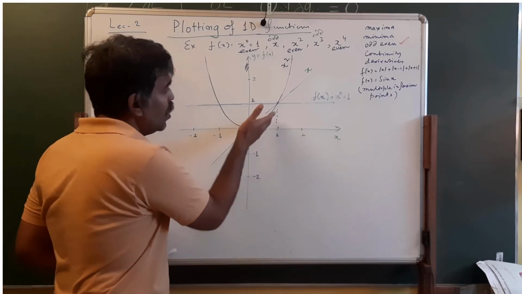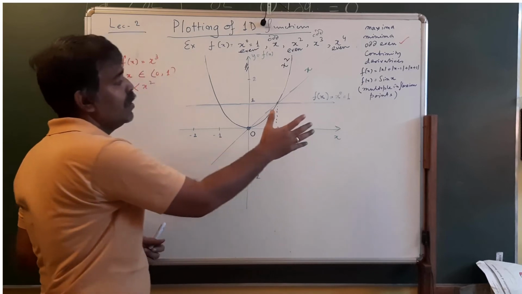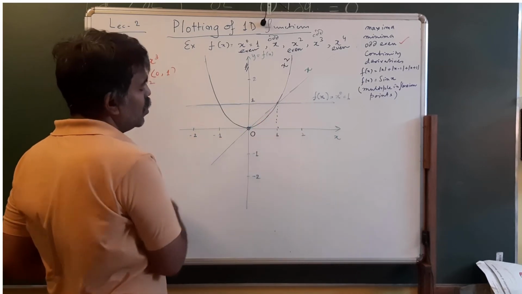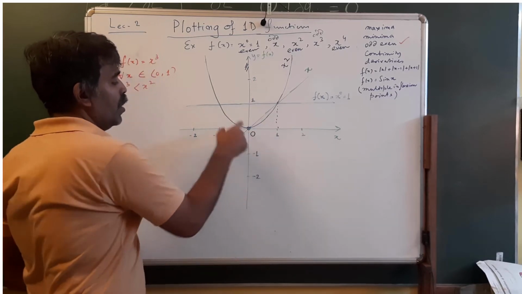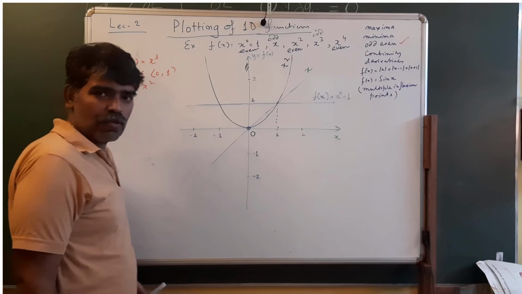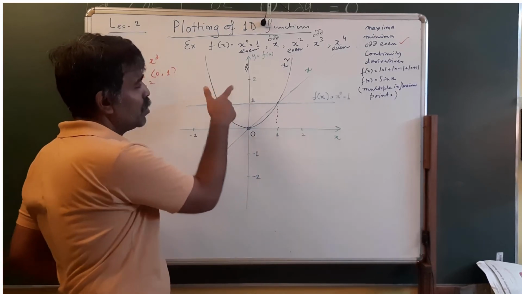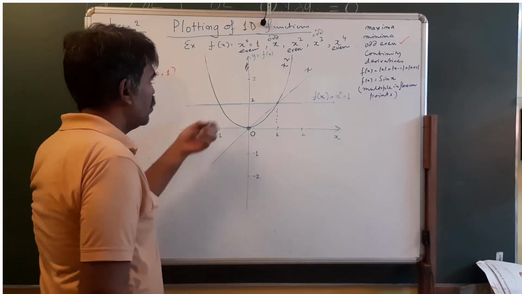So here the curve cuts and comes down. I'm plotting the right-hand side only. The rest of the curve on this side will be handled by whether it is odd or even. If it is odd, it will be reflected like a pinhole camera structure. In the previous case it was a mirror-like structure, reflected by the y-axis.